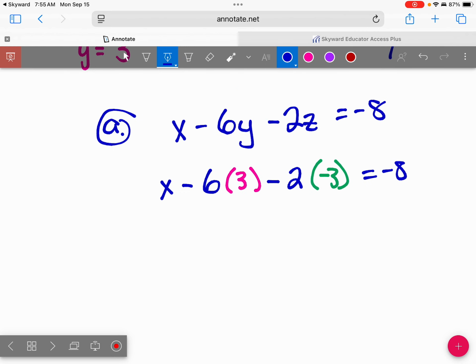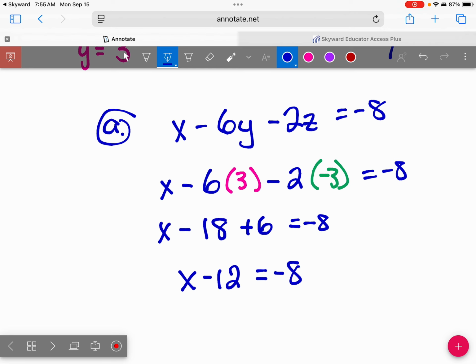Because when we simplify this, we get x minus 6 times 3 is 18, minus 2 times minus 3 gives us a plus 6 equals negative 8. I can combine those like terms, my minus 18 and my plus 6, to get x minus 12 equals negative 8.